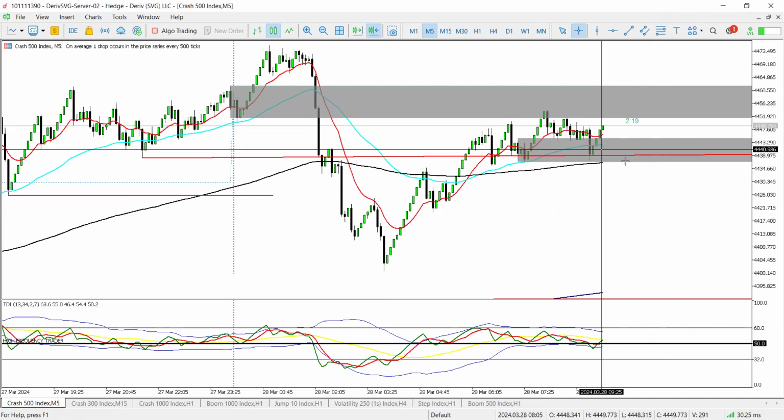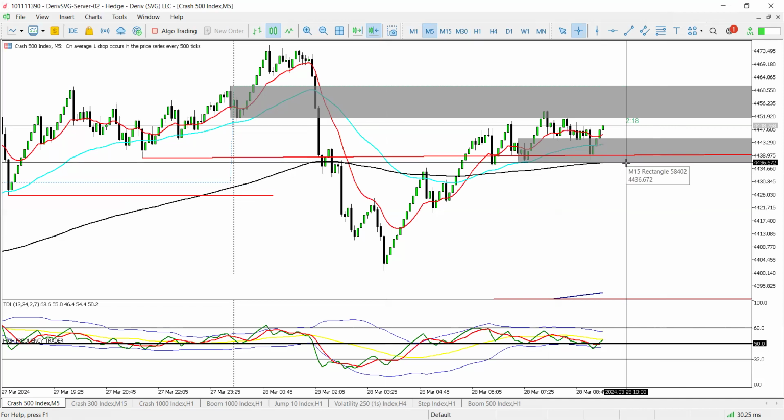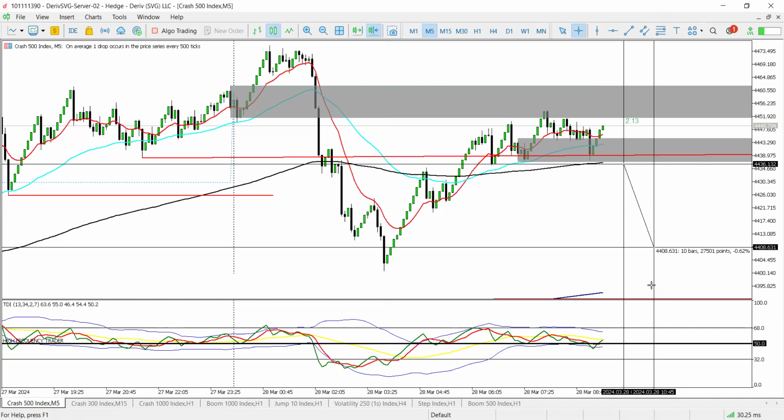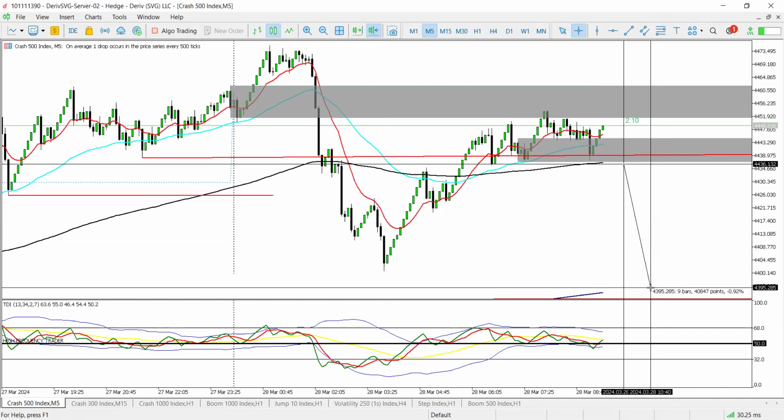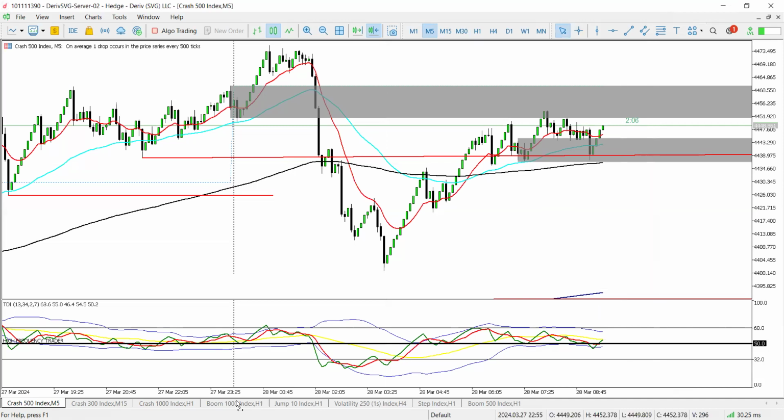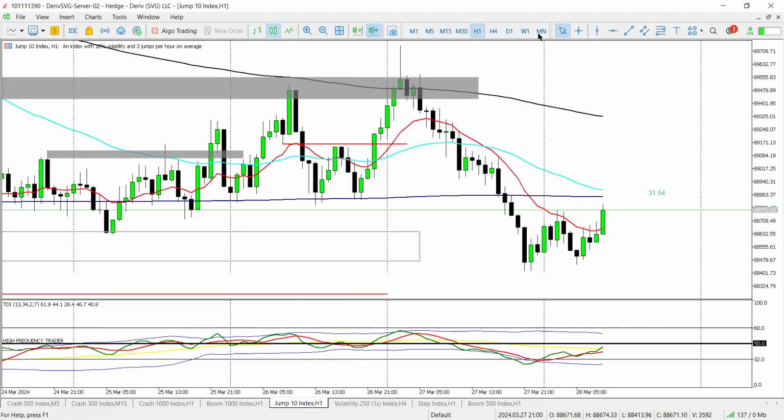But if we do break this zone, 44.36, 44.35, that's where we're going to scale in, and we are going to target 40 pips on this particular trade. So that's my current view there. Just updating it. For each price move, you want to keep following and checking how price is actually painting or being delivered. All right, going to J10.